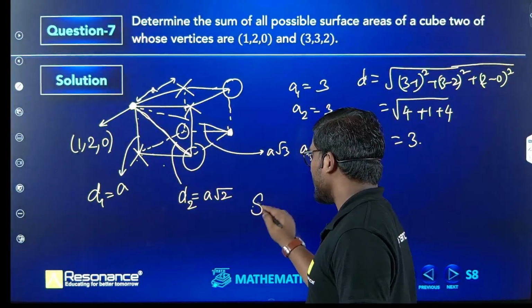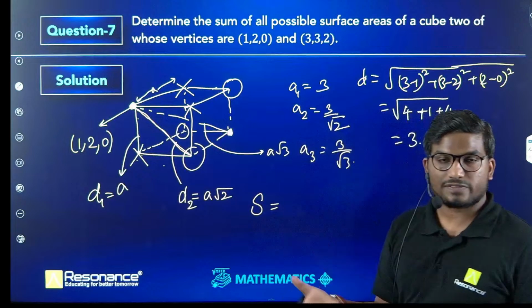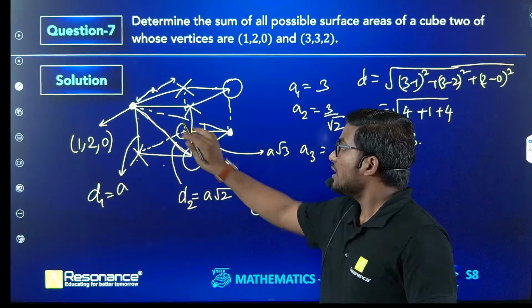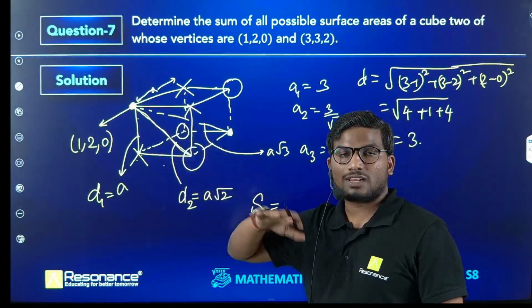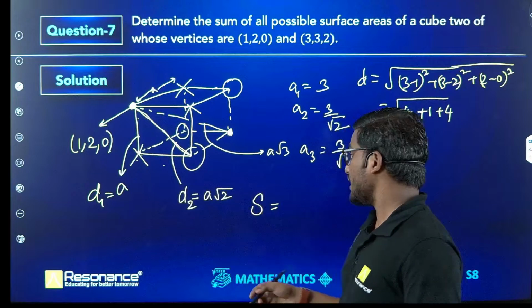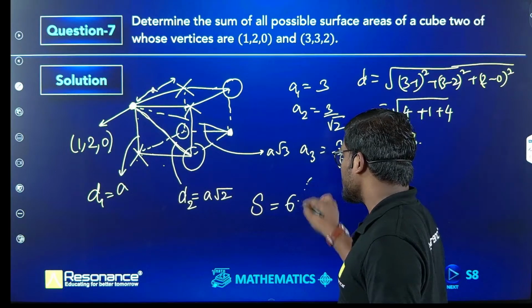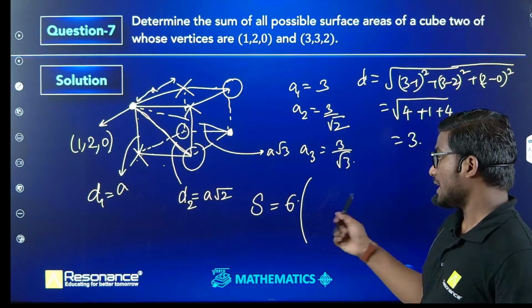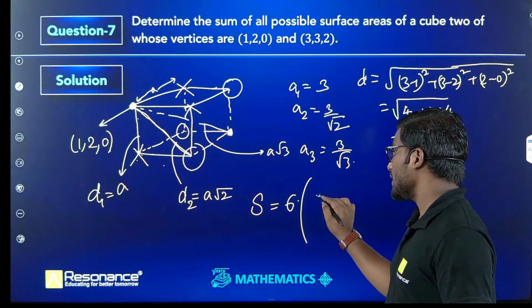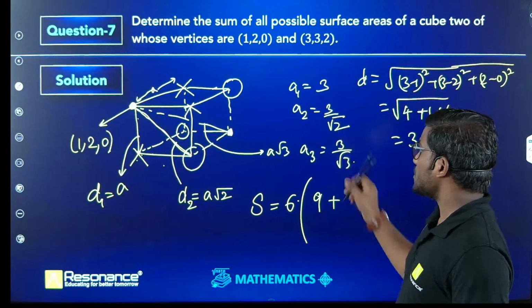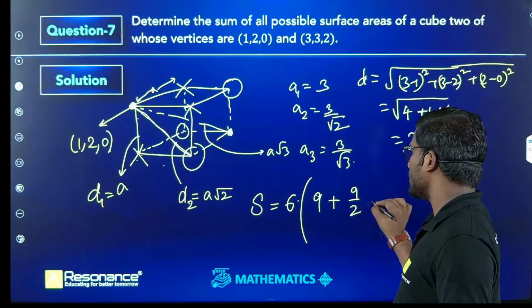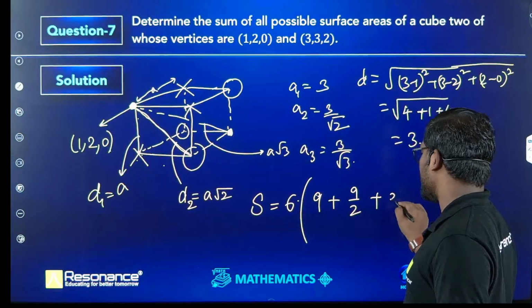So the sum S would be, what is the formula of surface area of a cube? It is obviously each side would correspond to an area of A square. So the surface area would be 6A square, where the sum would stand as 6 into A1 square is 9 plus A2 square is 9 by 2 and A3 square is 3.